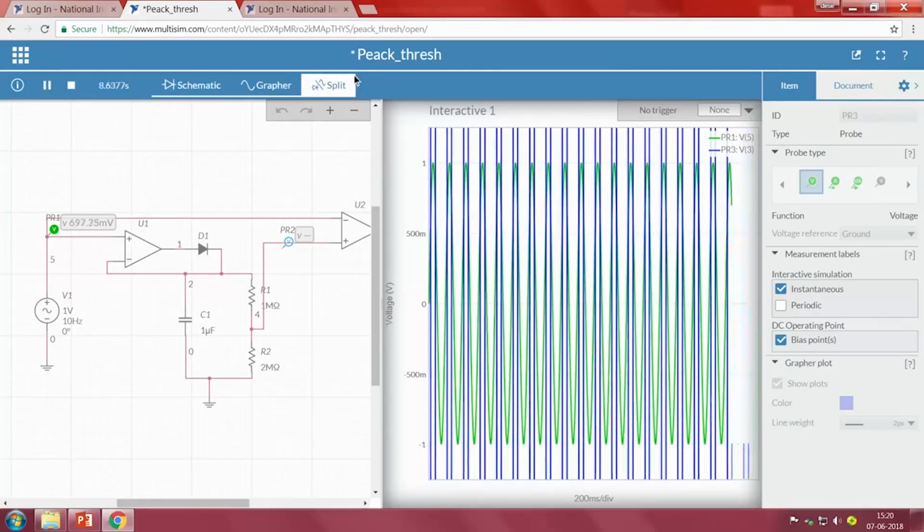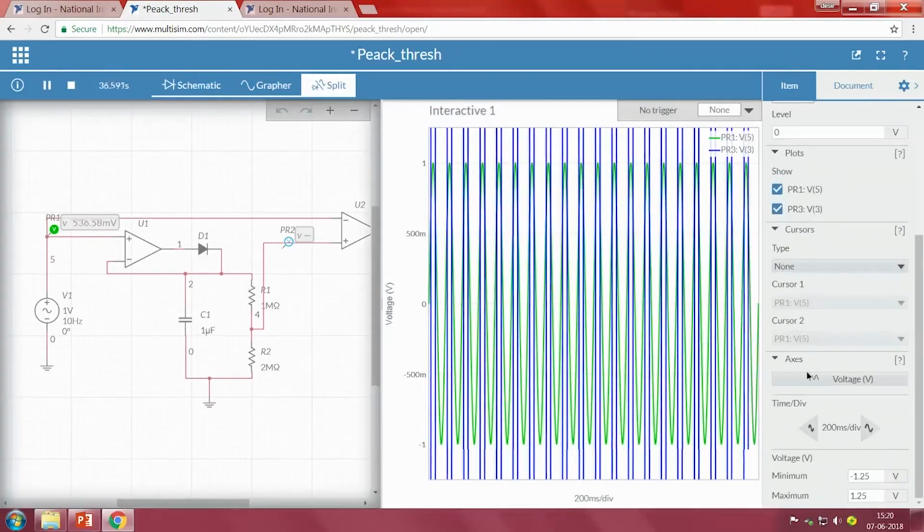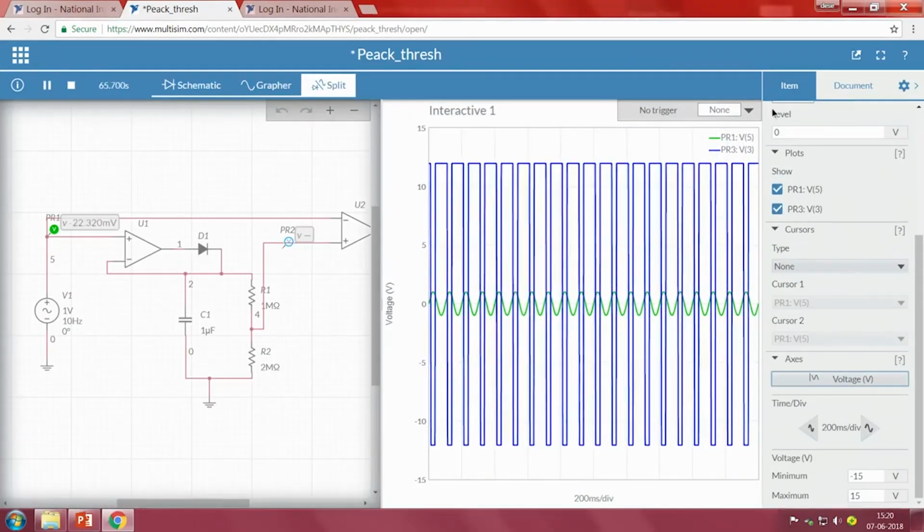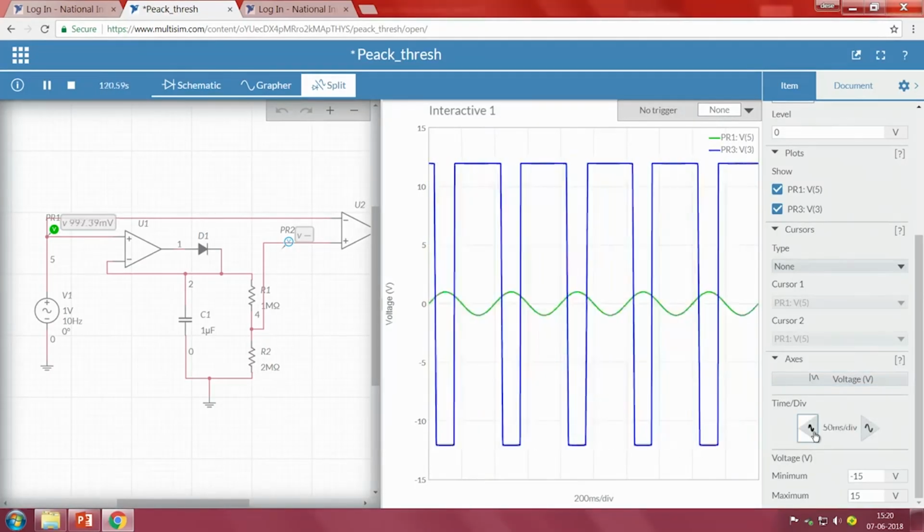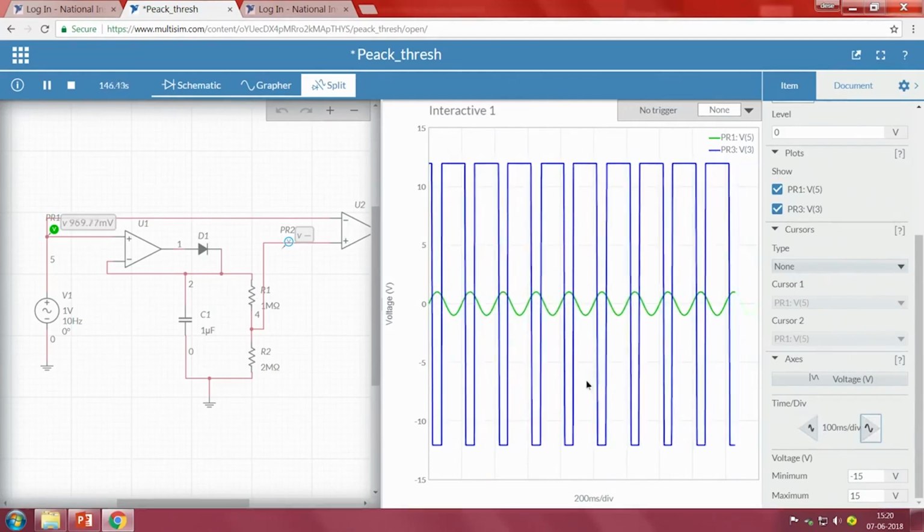Now, let me go to the split voltage, right. Zoom it. To understand this, if I want to understand this, what I have to do is create a cursor. The input voltage is 1 volt.